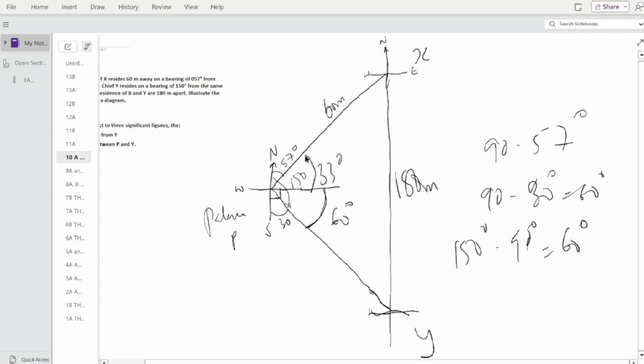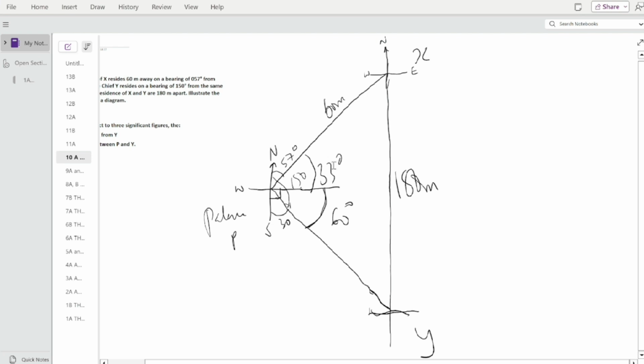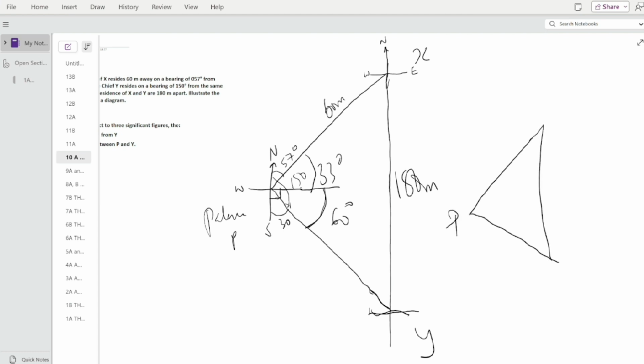We now have our triangle and we know this is 33 and this is 60. We can therefore find this total angle. Let's show it so you can understand. Let's say this is a triangle. We have our P here, we have our X here, we have our Y here, and we have this angle here.